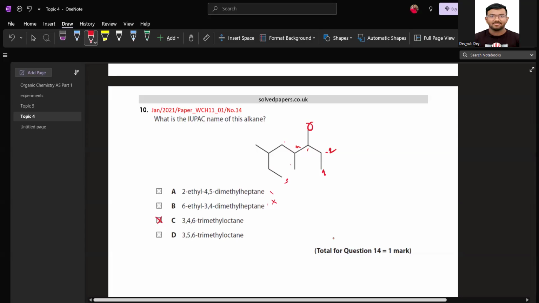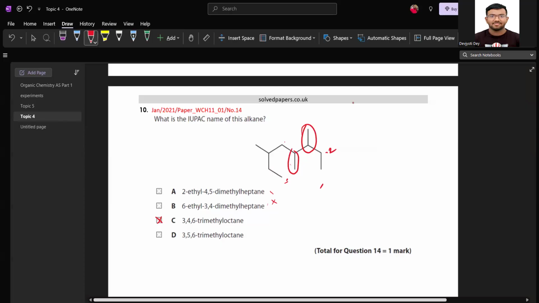One thing you should remember all the time is the starting of the counting, because if you don't start counting in the right direction, then you might be confused. If you check the right side, you can see that there are two methyl groups connected. So always try to remember the side where more methyl groups are connected. You're going to start from that side.